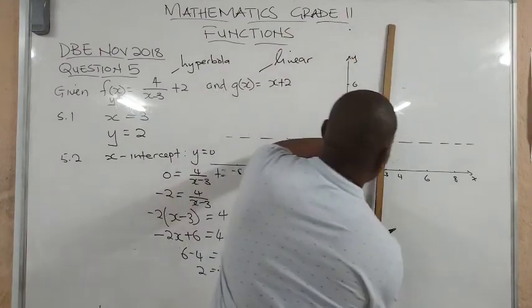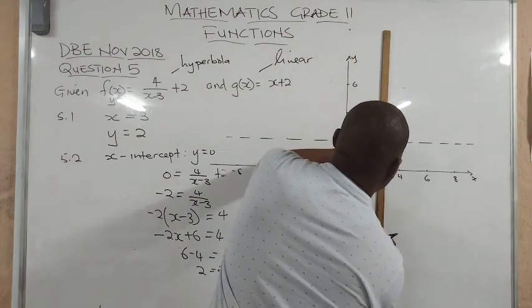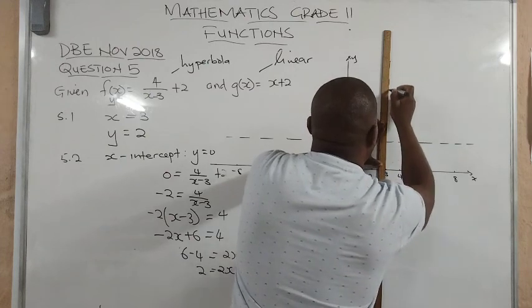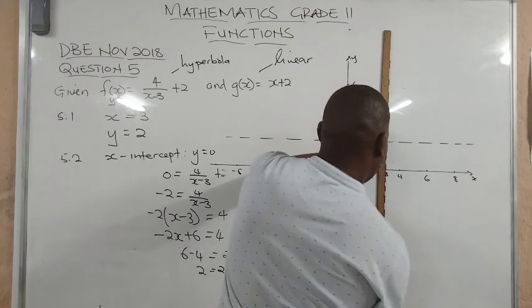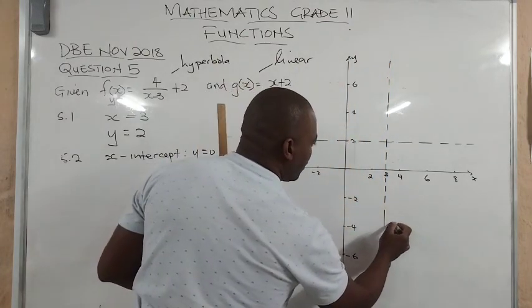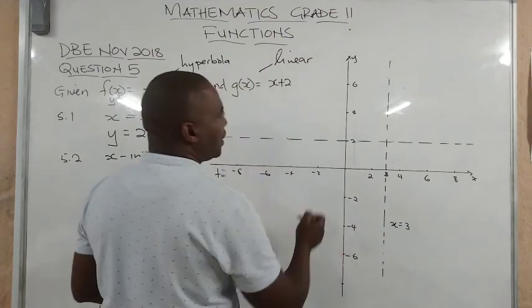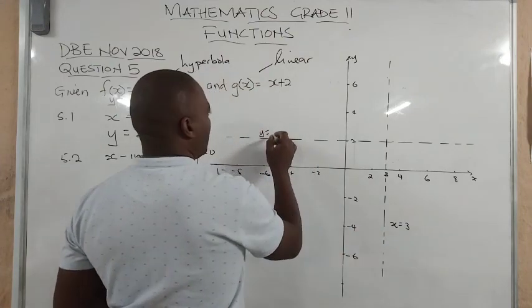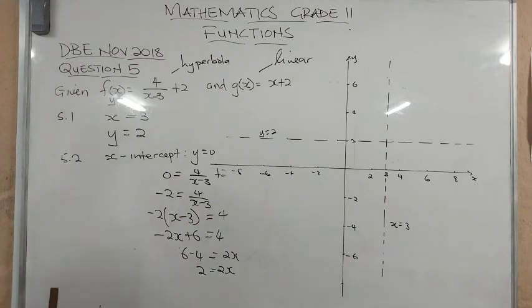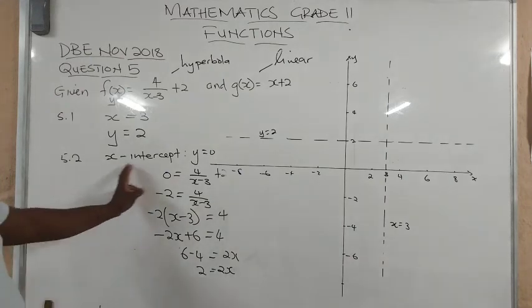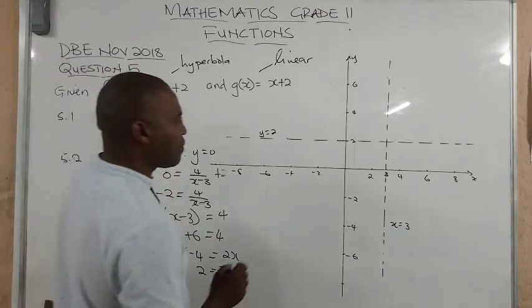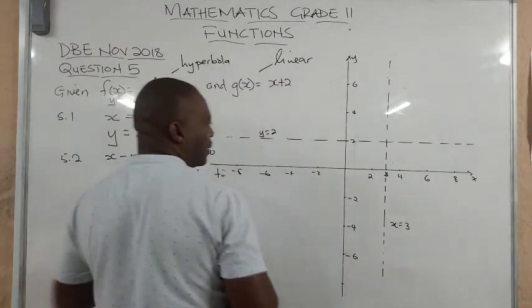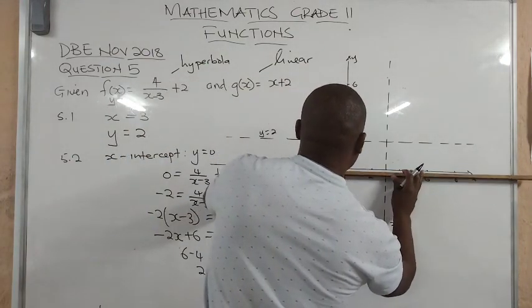Three is here. We can label the asymptotes, and then we have identified the x-intercept, and we say it's (1, 0), and 1 is here.